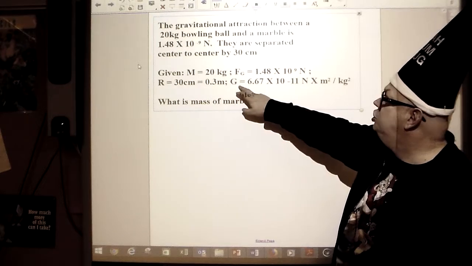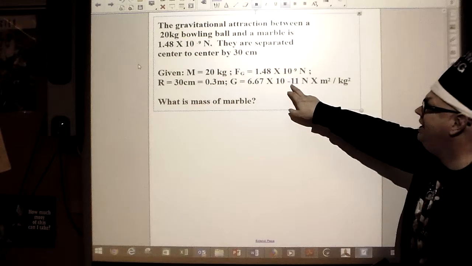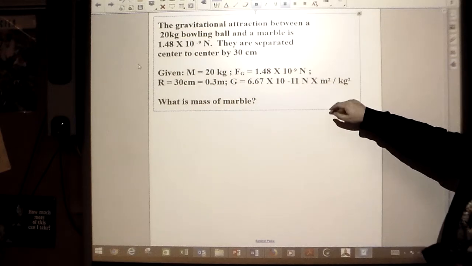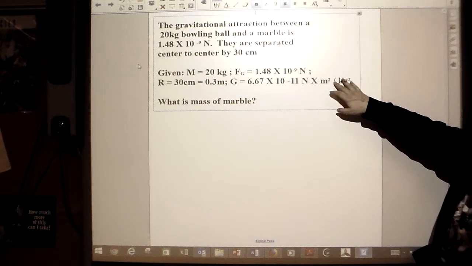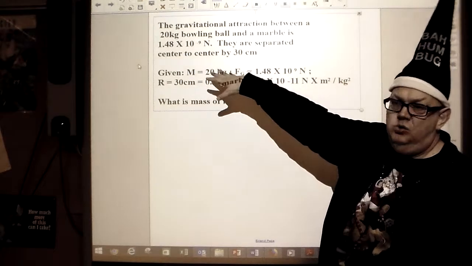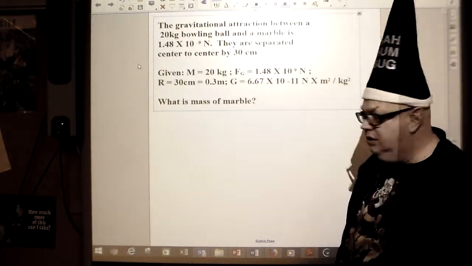And then the gravitational constant G is 6.67 times 10 to the minus 11th newtons times meters squared per kilograms squared. Now, why the meters squared and the kilograms squared? Because they cancel out units so that we are ultimately left with kilograms.